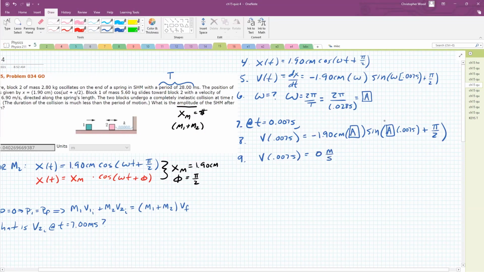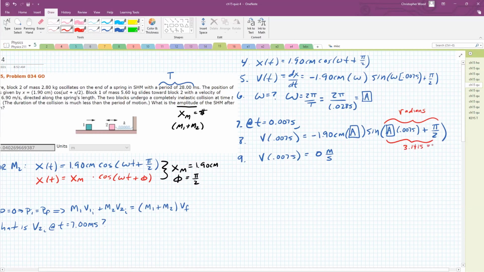If you do this, make sure you're in radian mode, because this is radians. When I crunch these numbers with my calculator in radian mode, this value came out to be 3.1415.